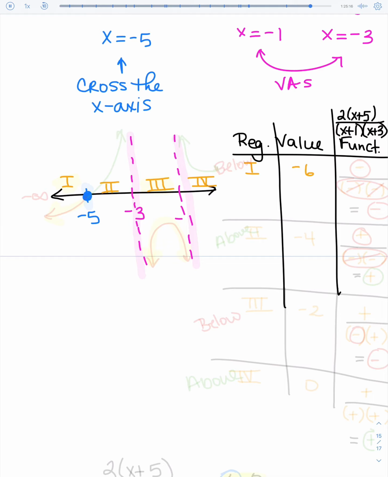If you plug in a negative 6 on top, you'll end up with a negative on top and a negative on the first parentheses for the bottom and a negative on the second parentheses. Well, notice that the 2 negatives on the bottom will cancel out, leaving you with a positive, but you'll still have a negative left over. And what that means is that your first little portion here is going to still be negative. And that means it will end up being below the x-axis. So we'll start off with our first region below the x-axis.